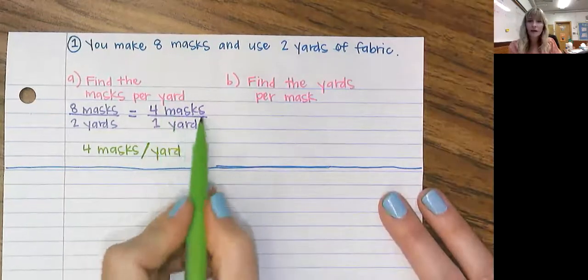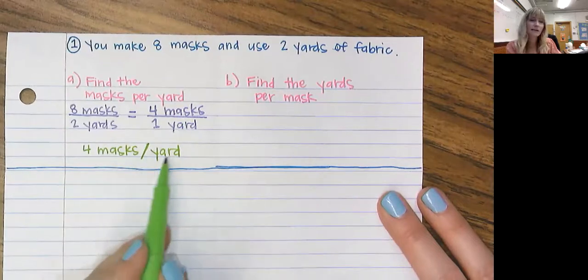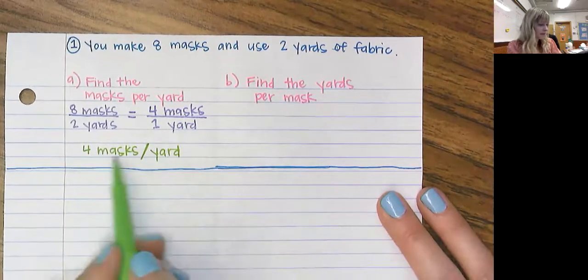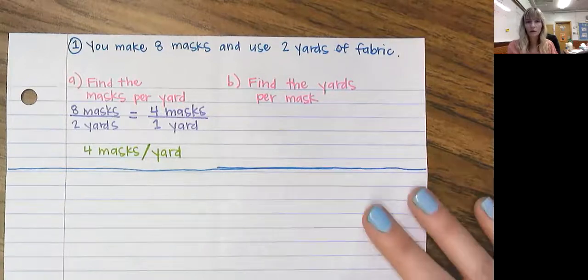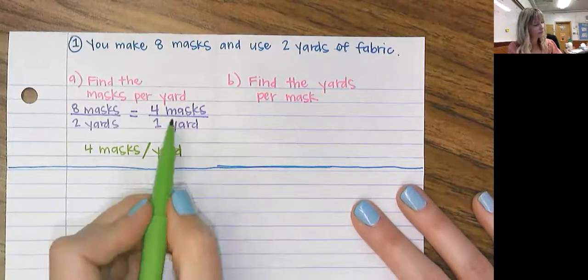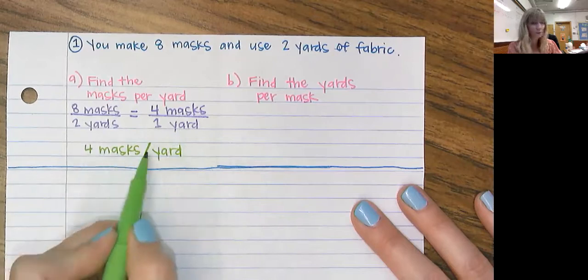This thing in purple has the same meaning as this thing in green. Mathematicians really like to write it this way because it's just a little bit more clear. You can kind of put it as a sentence. This is 4 masks for 1 yard, or 4 masks per yard.